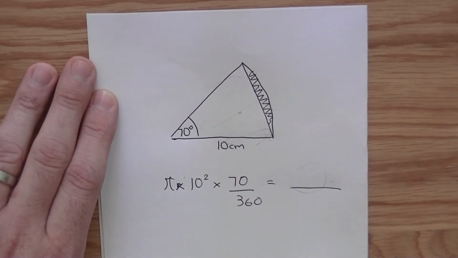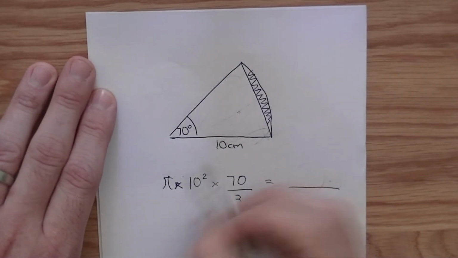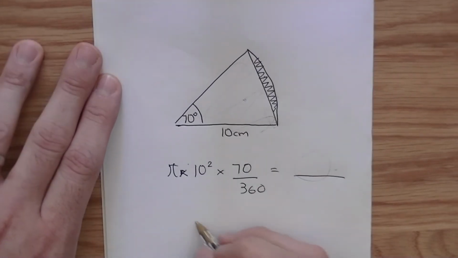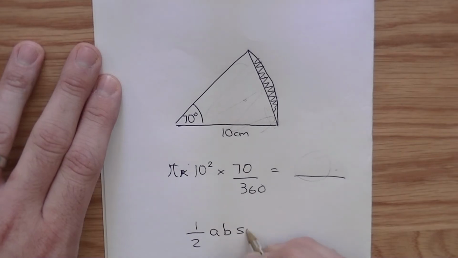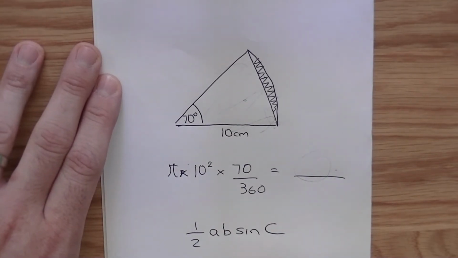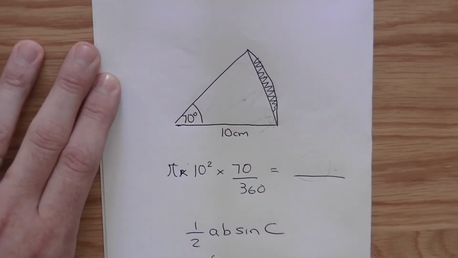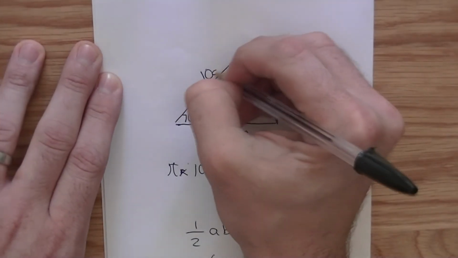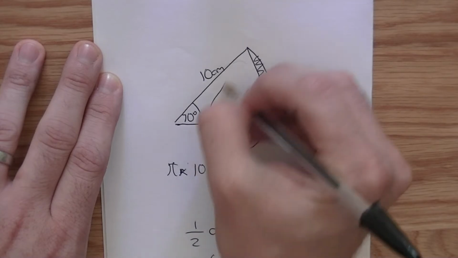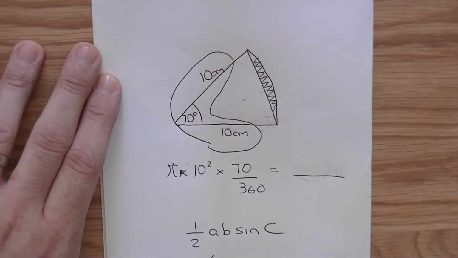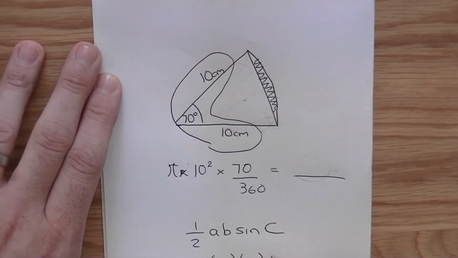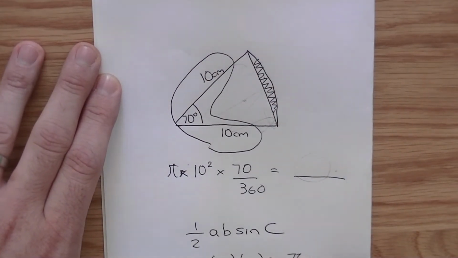Well, this is how I can bring in that sine, cosine area kind of question, because we know that the area of a triangle, when we're at the back of this, is half ab sine C, right? So half times 10, but that is also 10. So you've got that triplet I talked about in part 1 of this video. So half times 10 times 10 times sine 70.